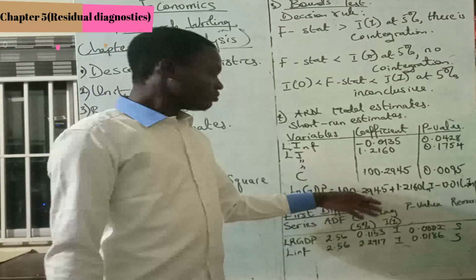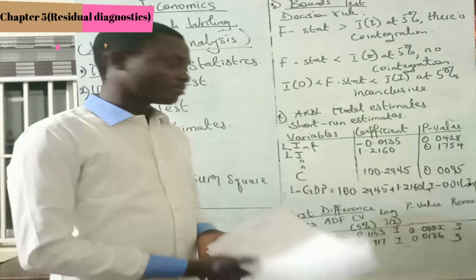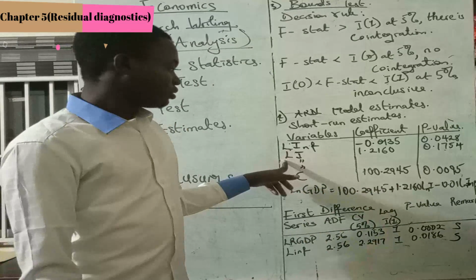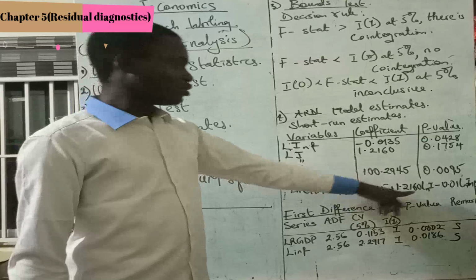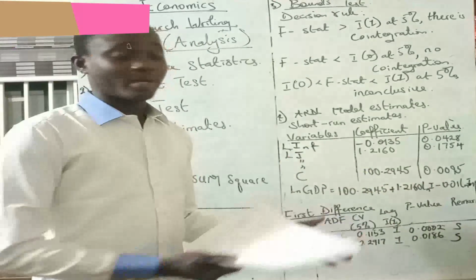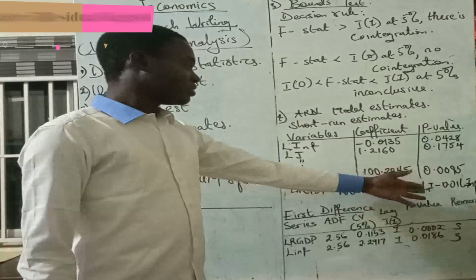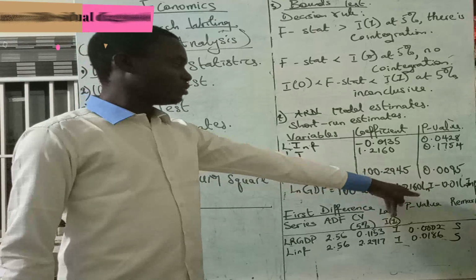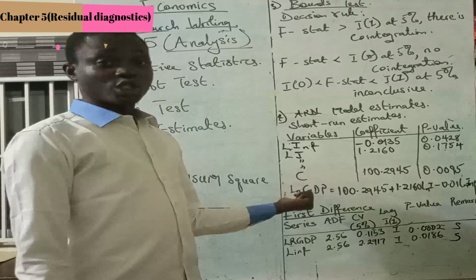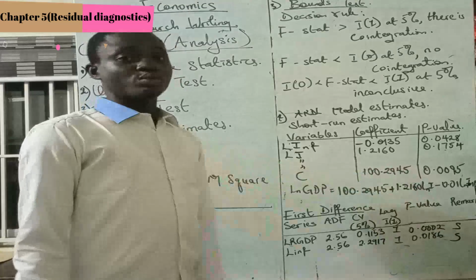And it also represents the intercept of the regression line. Plus log innovation. Innovation is 1.2160, so 1.2160 log innovation. Yours might be written in 2 decimal places, it's fine. So this is telling me that a 1% increase in innovation would increase GDP by approximately 1.22%.